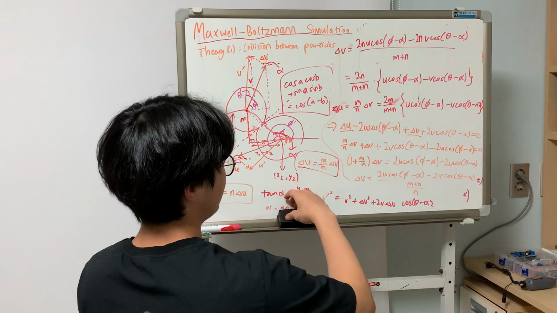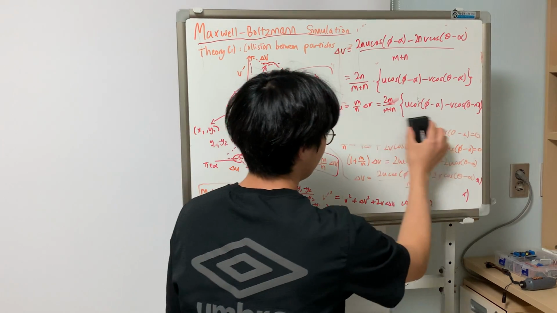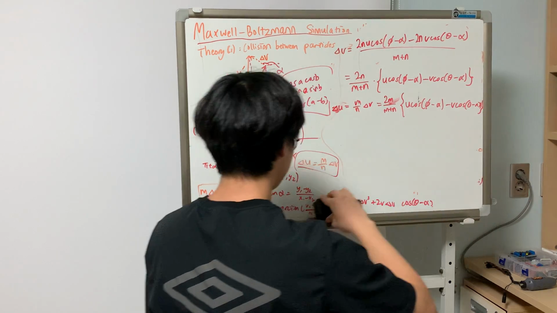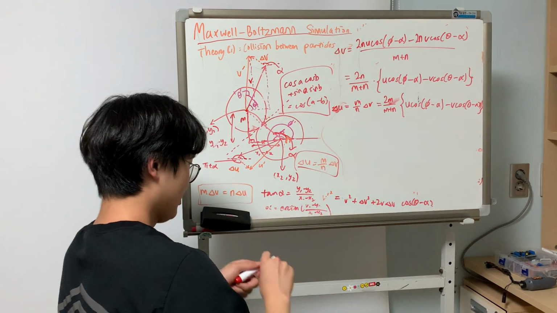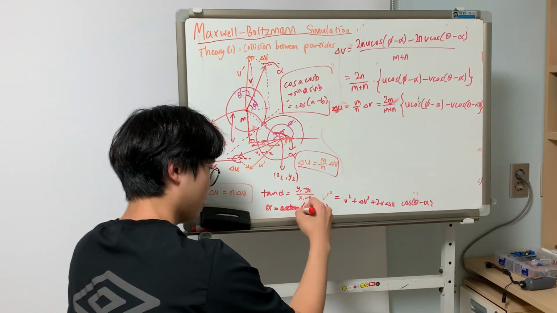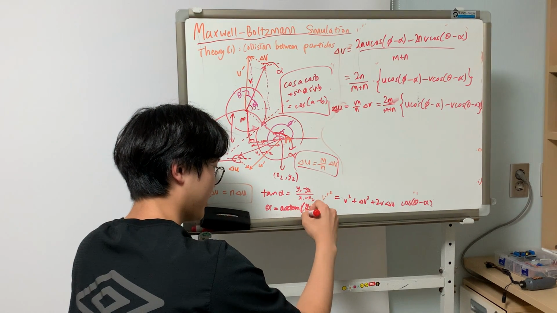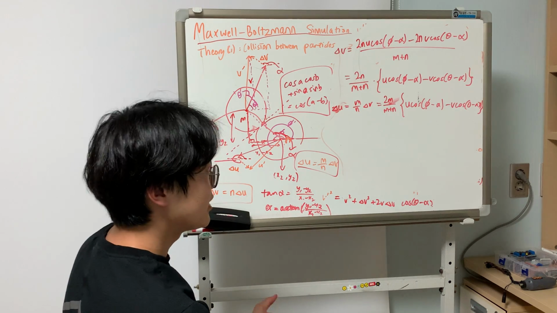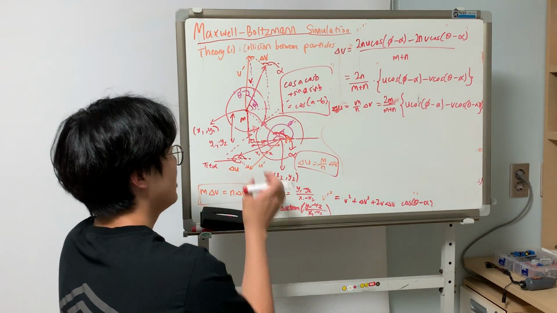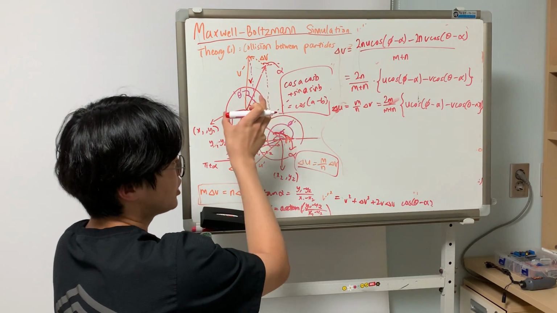And then, we're not done yet, because we don't know alpha, but what we do know about alpha is that alpha is equal to arctangent of y1 minus y2 over x1 minus x2. Because we must calculate alpha from the coordinates of these two spheres.